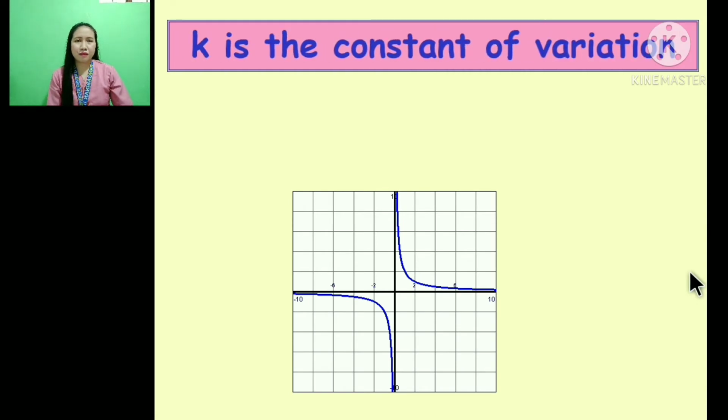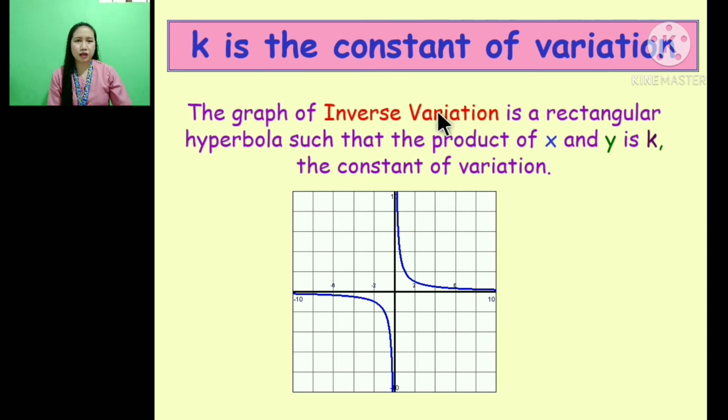So we have the graph of inverse variation. The graph of inverse variation is a rectangular hyperbola such that the product of x and y is k, the constant of variation. The difference between direct and inverse variation in the graph is that in direct variation, we have a straight line that passes through the origin.